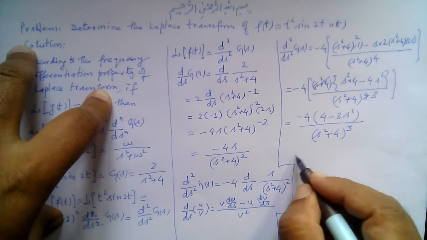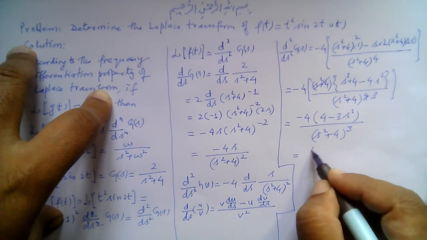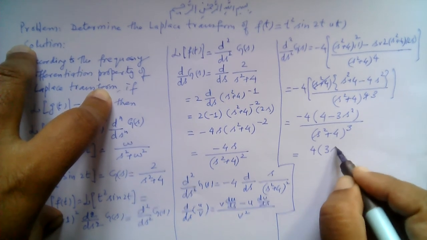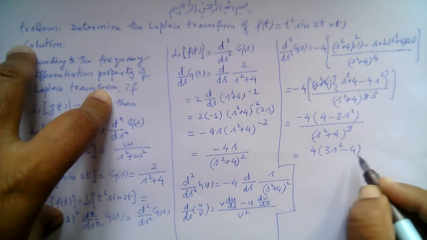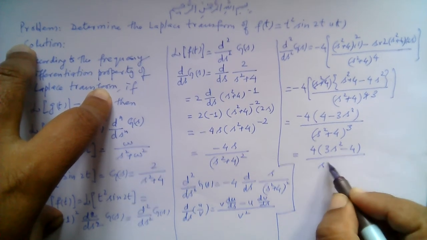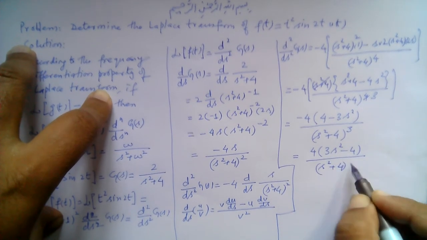So we can write it like this: 4 into (3s² - 4) divided by (s² + 4)³.